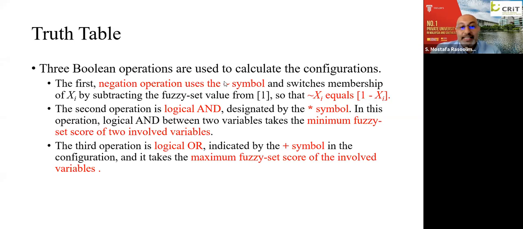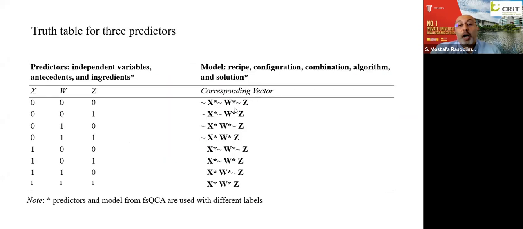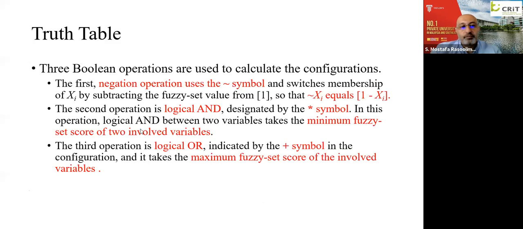So this is one symbol that we use for creating new combinations of predictors. Second one is AND operation, logical AND. The symbol is this symbol, and the last one is logical OR, and the symbol is the plus symbol.